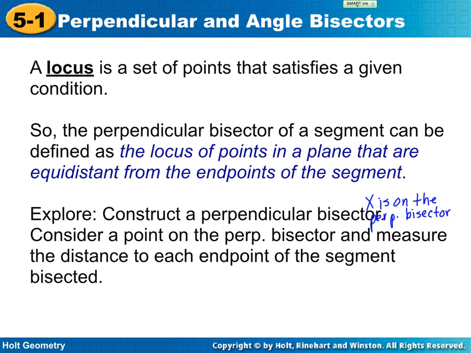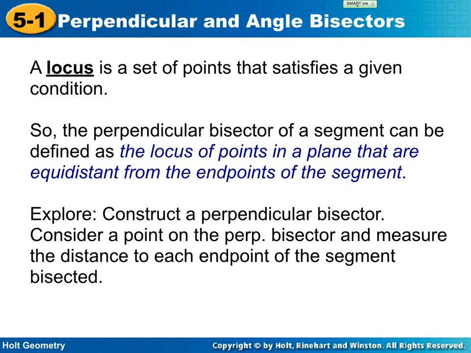So the locus is a word that I don't use very much, but your book has it here and there. It says the locus is a set of points that satisfies a given condition. So if they were defining perpendicular bisector, you might see in the book that they say it's the locus of points in a plane that are equidistant from the endpoints of the segment.